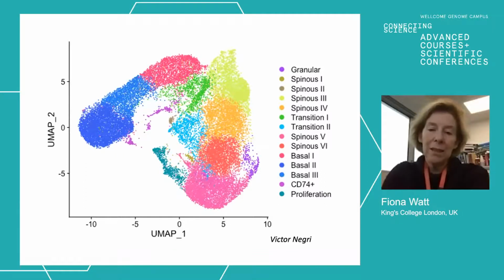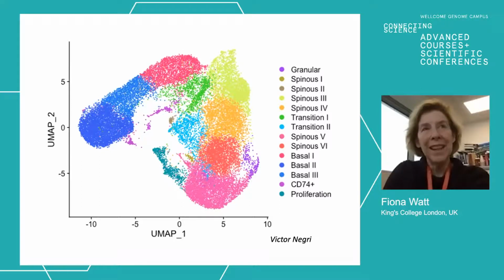So to our model, we apply the might of the data set that we have through our collaboration, and Victor Negri, a former postdoc in the lab, who has recently moved to AstraZeneca.